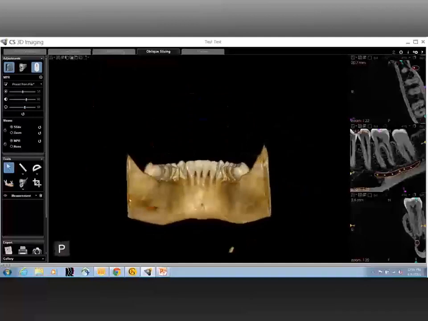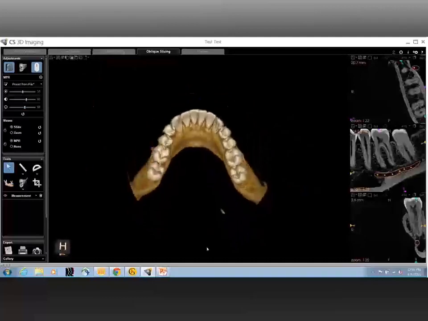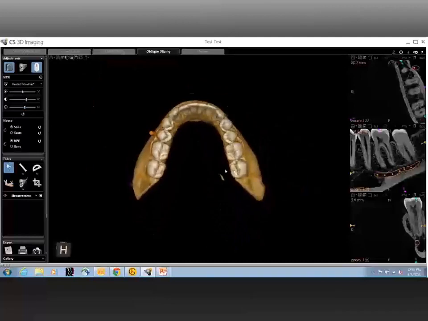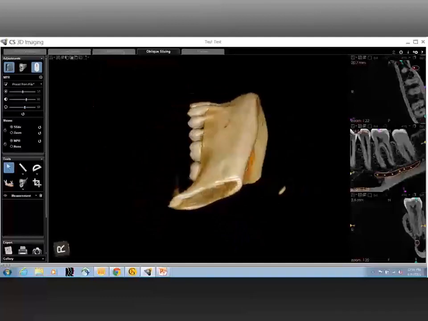Calcified lingual tonsils are very commonly visualized. Not a very serious finding unless there's some history to it, but can also be visualized in a different view. Calcifications in the thyroid can also be visualized.